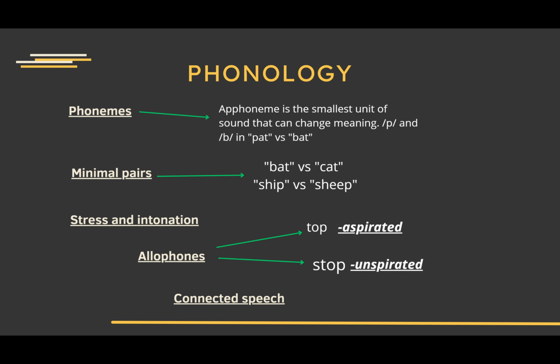There are several processes that explain this. I mean, different types of connected speech that explain what we do or what types of linking we do when we speak fast in a conversation. But I will talk a little bit more about this later when I explain some of the dialogues.